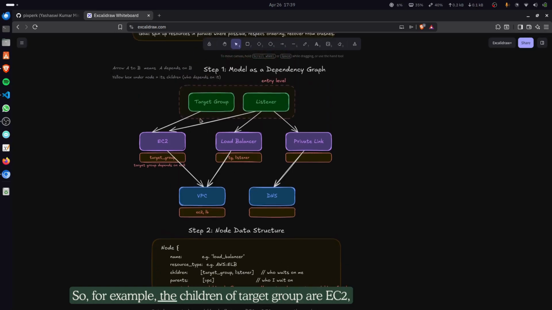For example, the child of target group is just EC2, and the children of listener are EC2, load balancer, private link. So unless these spin up, listener cannot spin up. So we will have this information in the node data structure to track which children have not spun up yet.